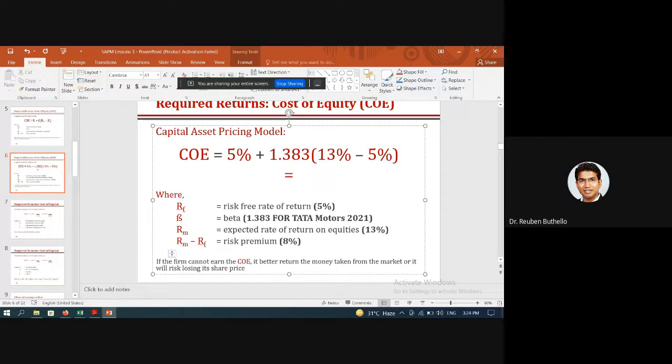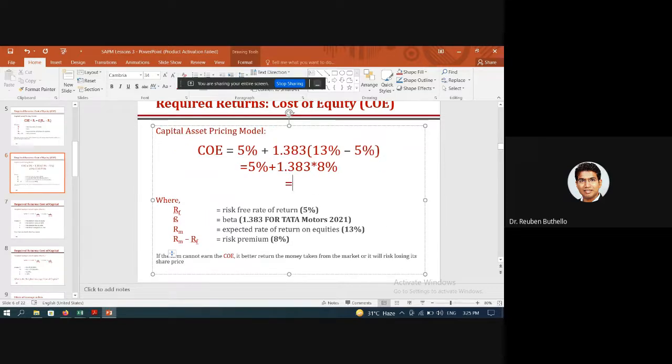Equal to 5% plus 1.383 into 8%. This if I solve, I get 5% plus 1.8 into... 1.8 is how much? Let me calculate.